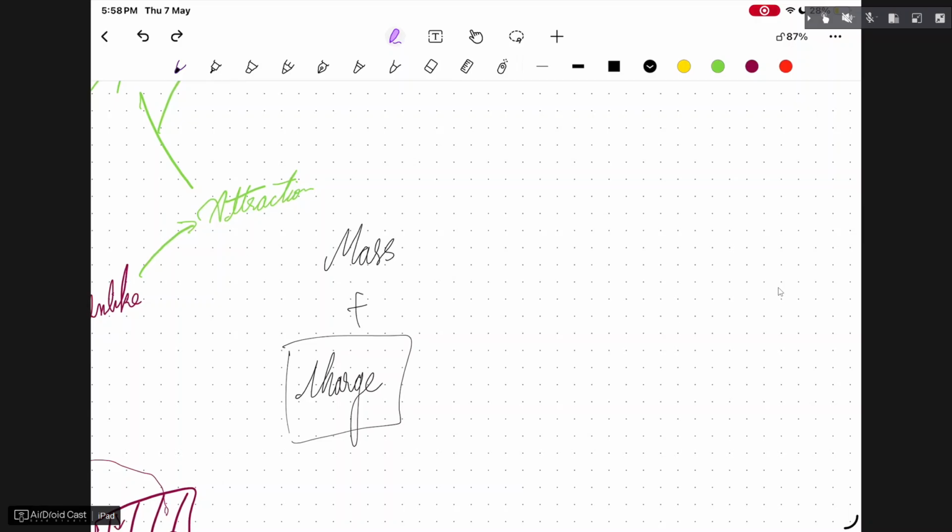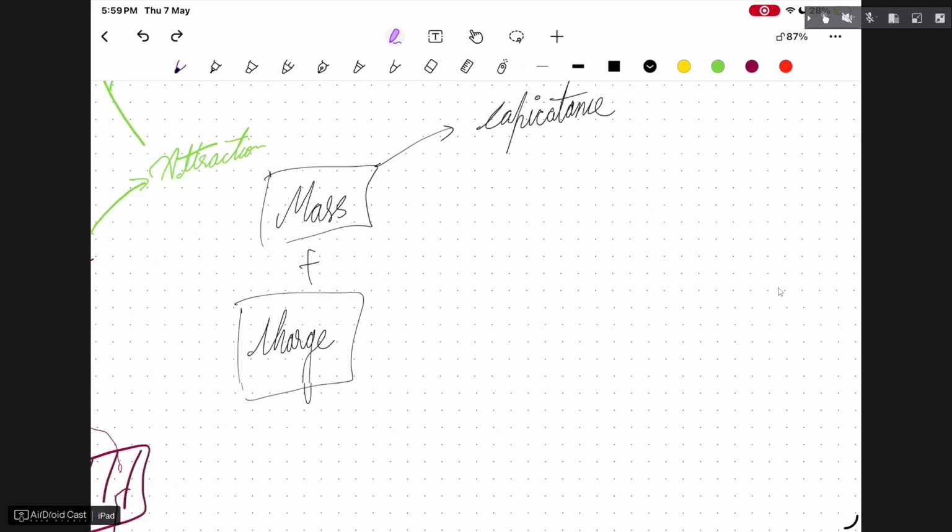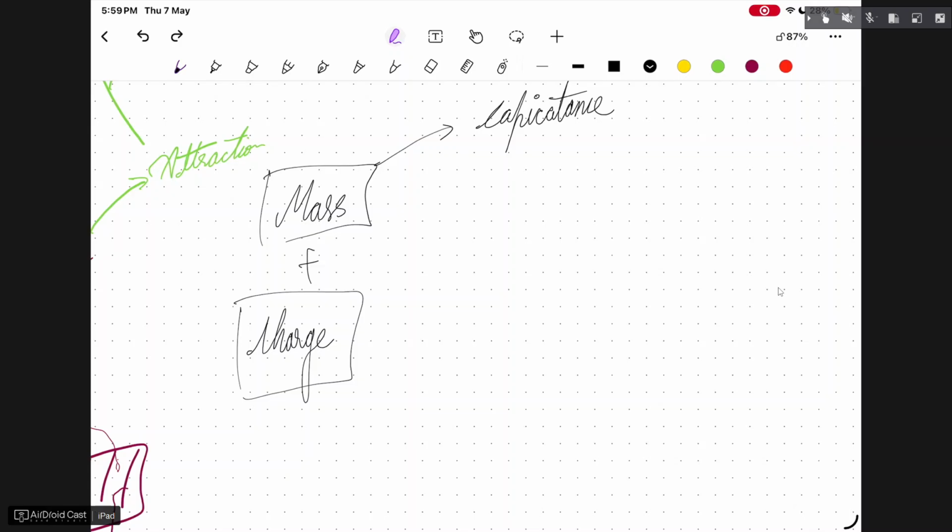So a few properties are dependent on mass and a few properties are dependent on charge. Mass dependent properties are really easy for capacitance. The next one we can cover after we cover series.